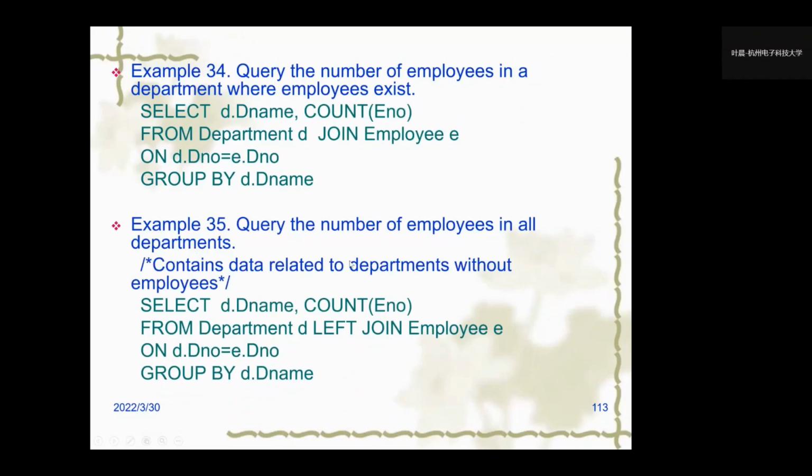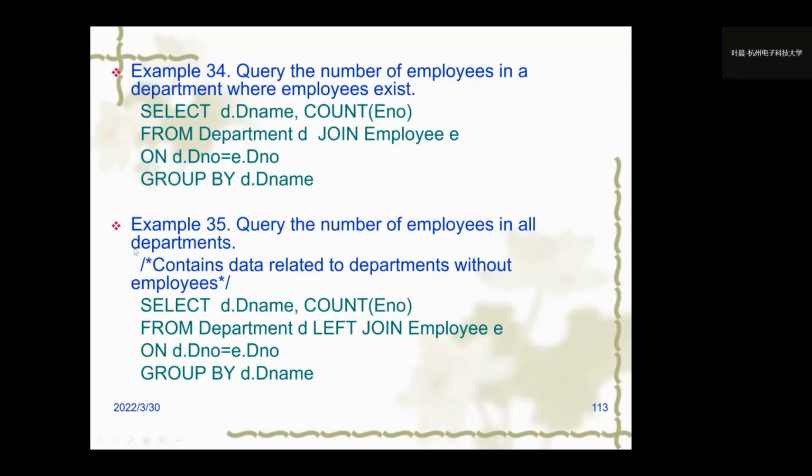Because for this kind of query, the query results need to contain the data related to the department without the employees. So if a department has no employee, we also need to show the information of the department too.